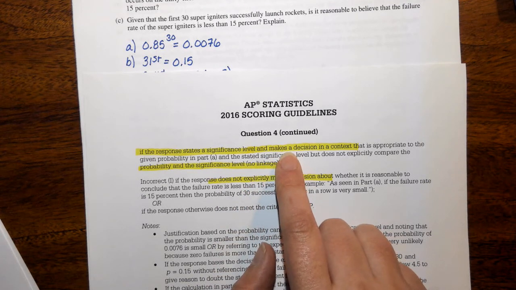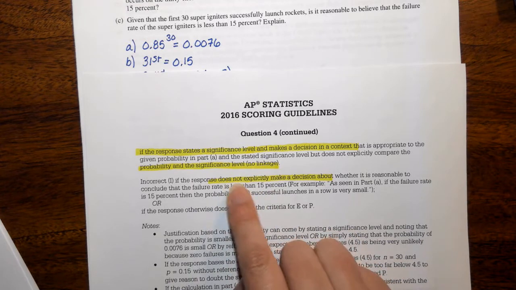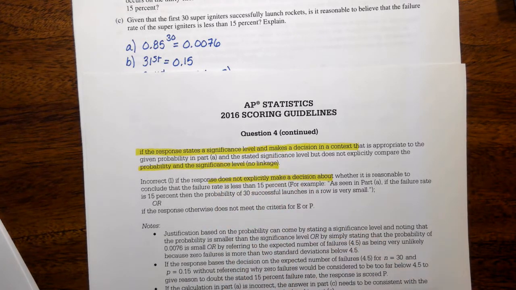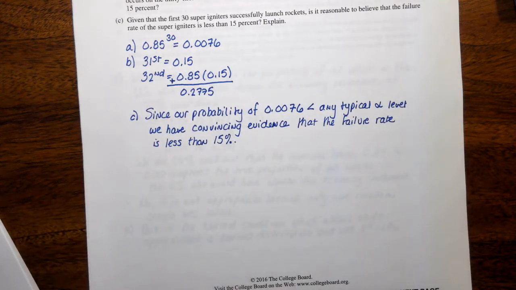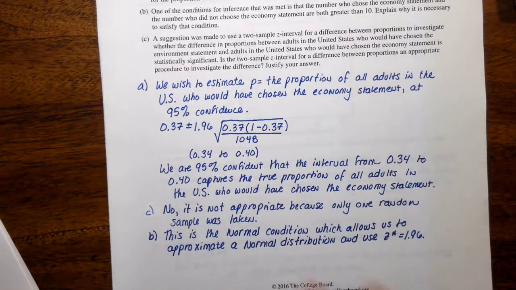Oh, okay. So you make a decision in context here, but you don't link it, that's a P, but if you don't make a decision at all, that's an I. Whew. Okay.